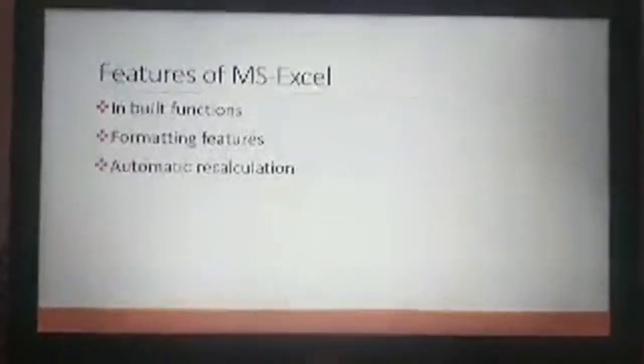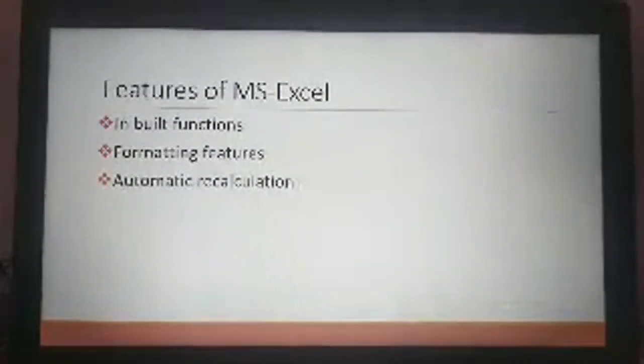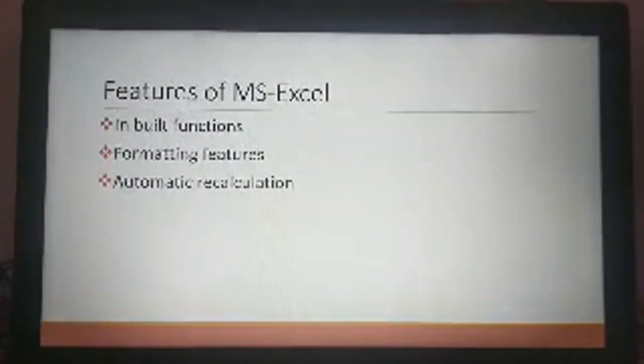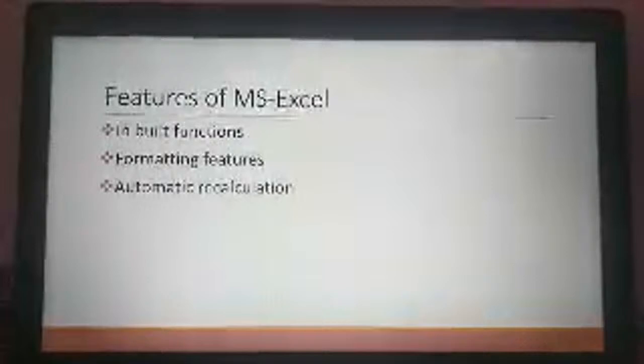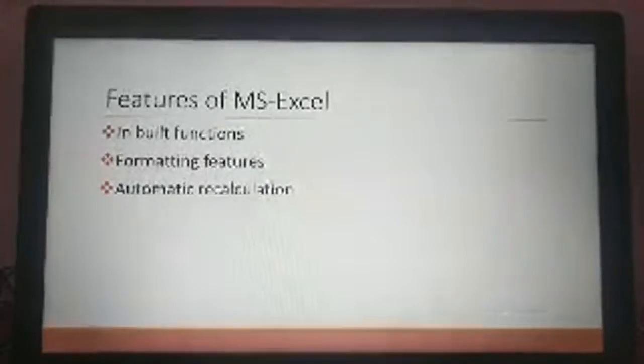Next, automatic recalculation. You will observe when we are going to perform a sequential calculation. For example, we are going to add some numbers. We have entered the numbers row wise, column wise. And after that, we have selected a particular row and we have added. After addition, if in between the range of the values any new number is added, Excel automatically changes the result by performing the calculation itself.